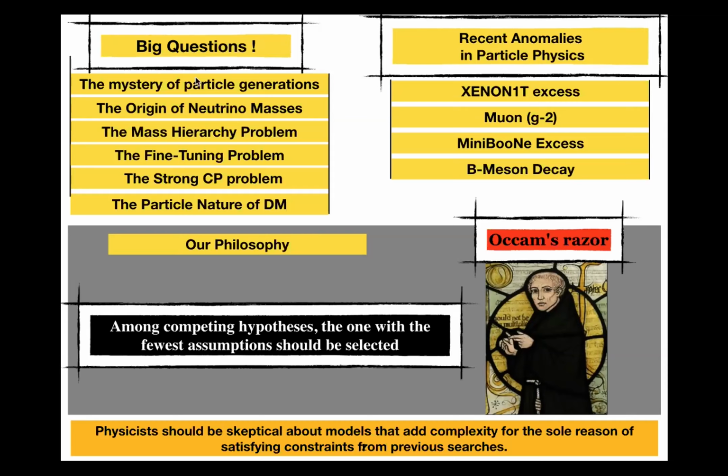Recently, from the experimental point of view, we have had much progress, shedding light on the theoretical issues. One of them is the recent XENON experiment, also muon g-2, the MiniBooNE excess, and the recent B-meson decays. So one part is theory, the other part experiment.